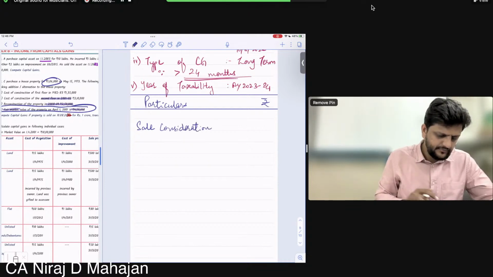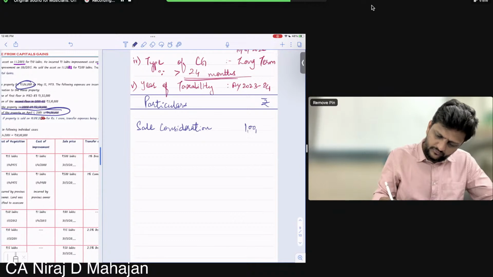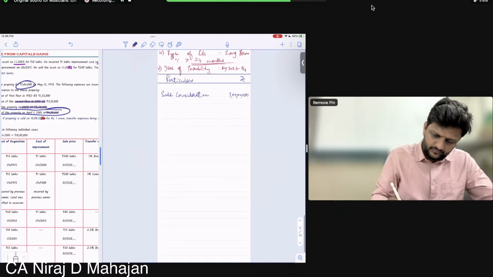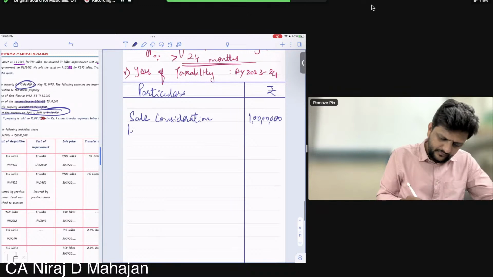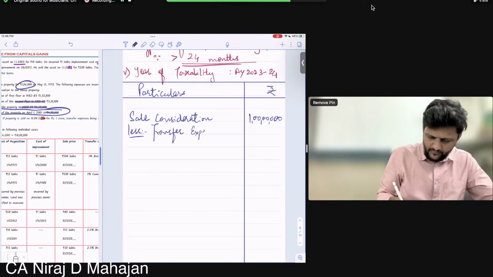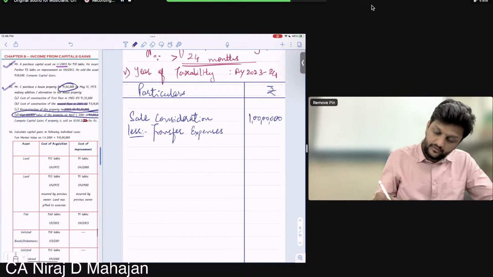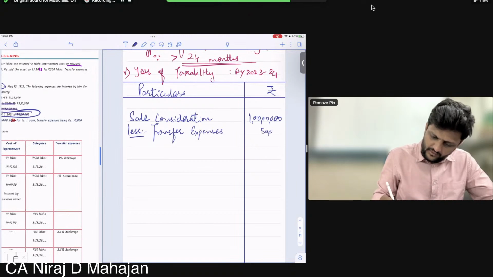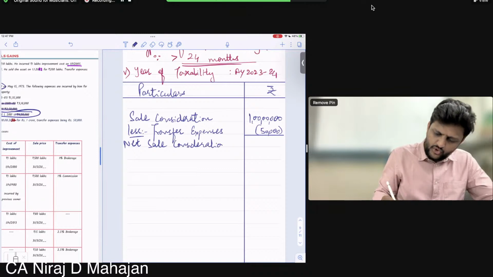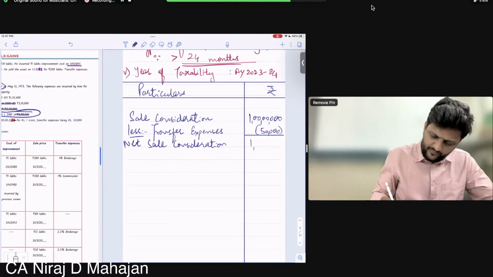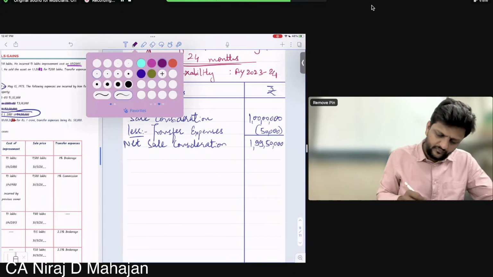How much? 1 crore. Less, what do we say बच्चों? I think transfer expense is what, 50,050? Yeah. So what is this? Net sale consideration, है ना? Is 1 crore 99 lakhs 50,000. Yes, Celia? Less.